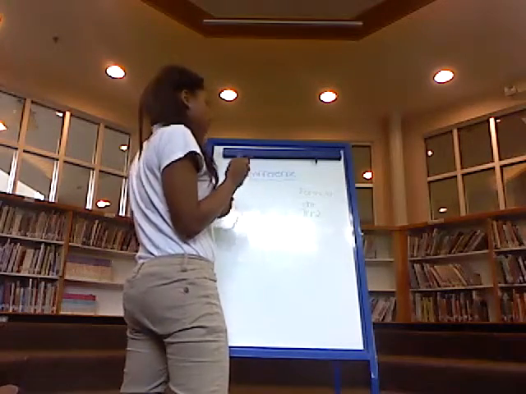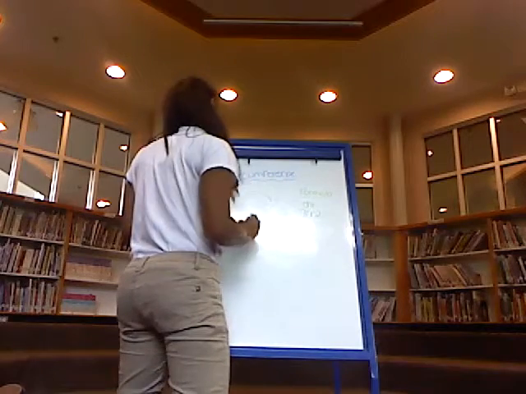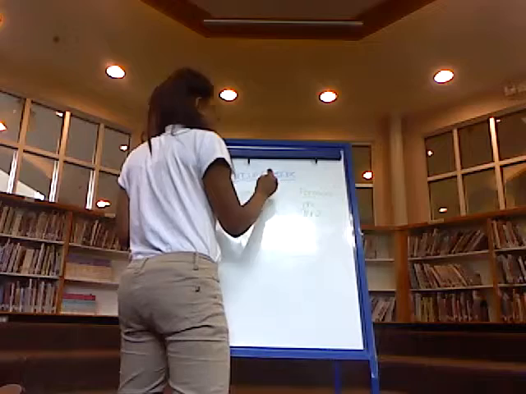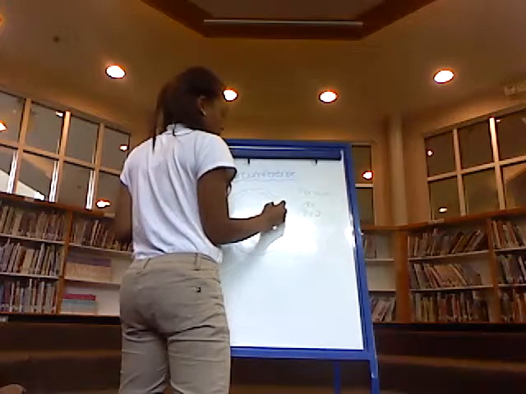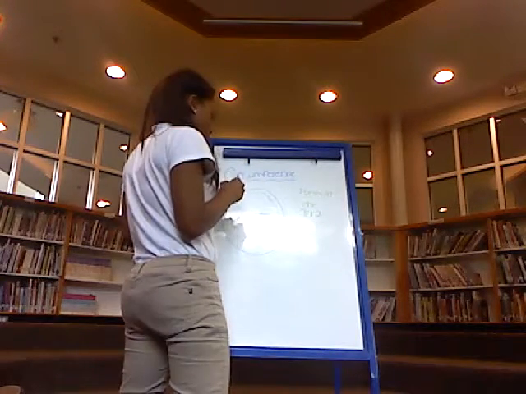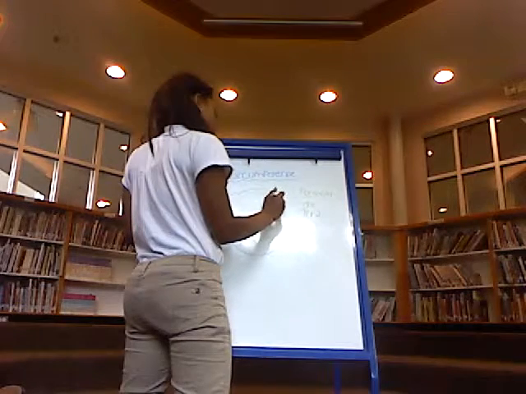The second one, we're only going to know the radius. It's not that hard. So from here to here is going to equal 12 inches.